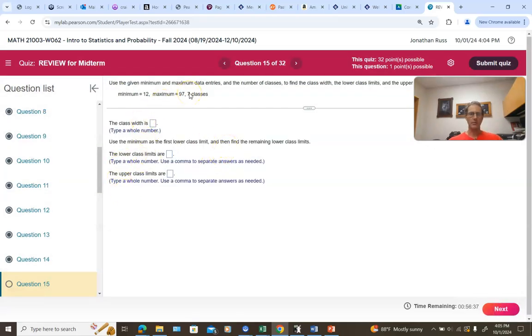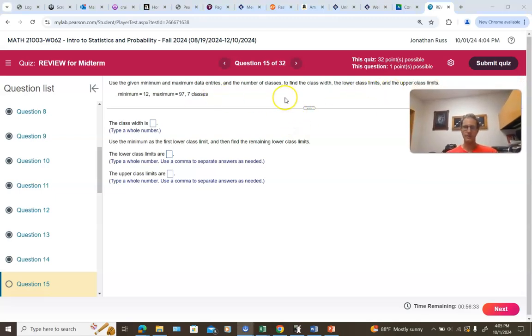Okay, so now we're coming to some numerical problems here. It says use the given minimum and maximum data entries and the number of classes to find the class width, the lower class limits, and the upper class limits. Well, the class width, guys, comes from the range divided by the number of classes.